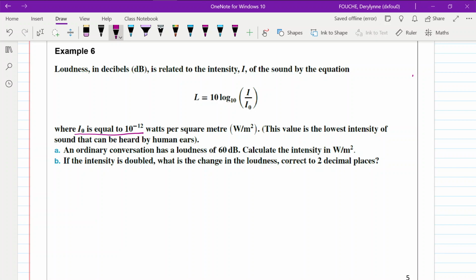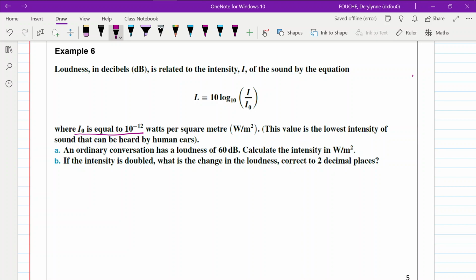That's like 0.000000000001. Okay, it's a tiny number. And this value is the lowest intensity of sound that can be heard by human ears. So an ordinary conversation has a loudness of 60 decibels. Calculate the intensity in watts per square meter.